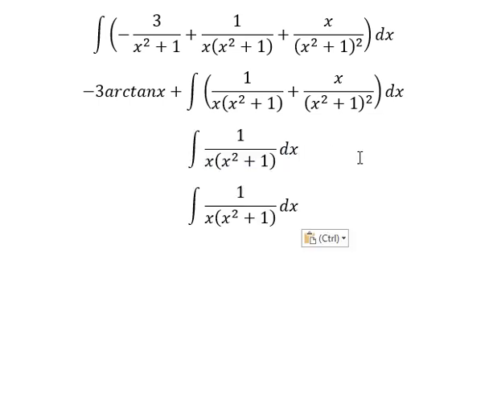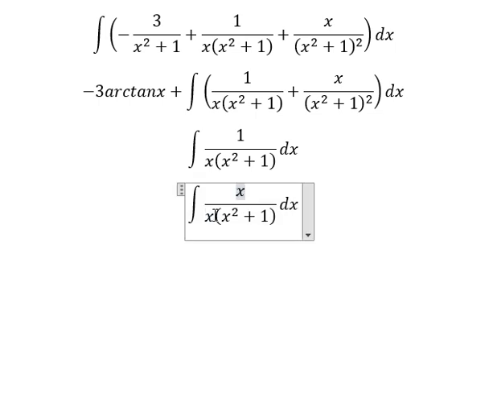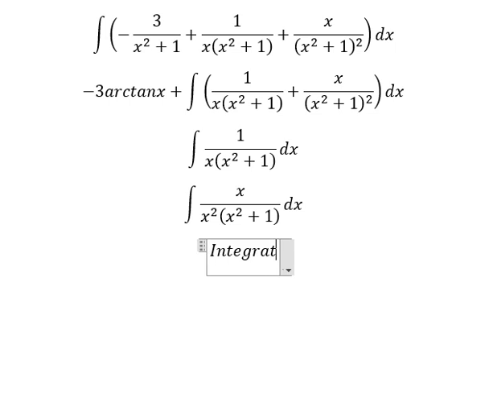Now we multiply s on the numerator and the denominator. So we can use integration by substitution.